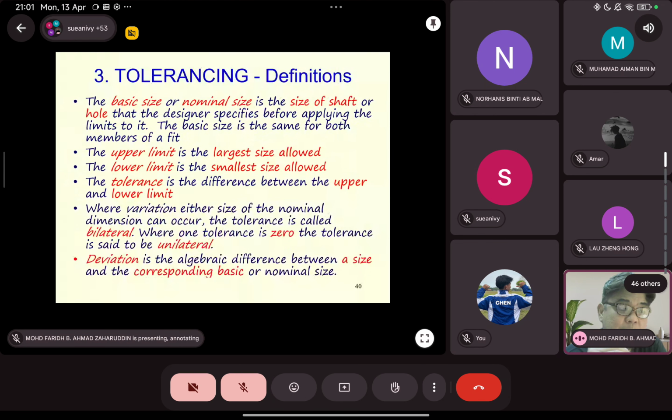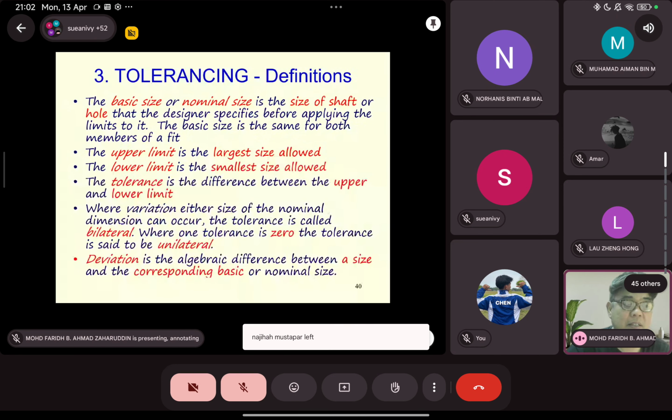Tolerance is the difference between upper and lower limits. This variation from the norm dimension is sometimes called bilateral and also unilateral. Later I will show you a slide about this.